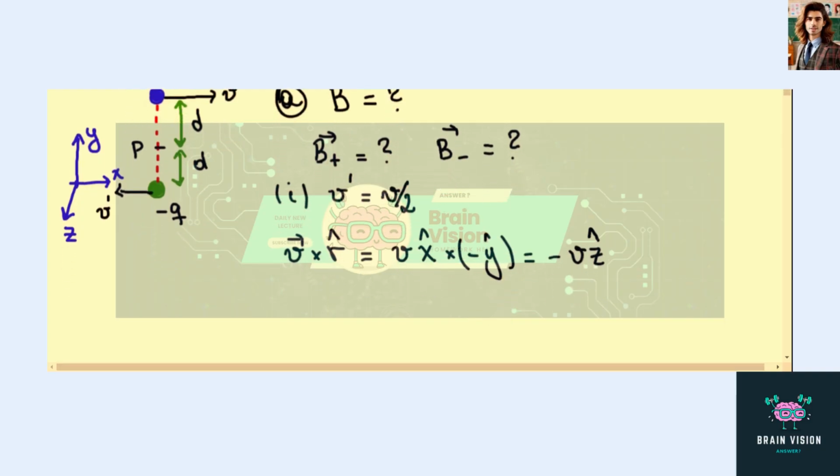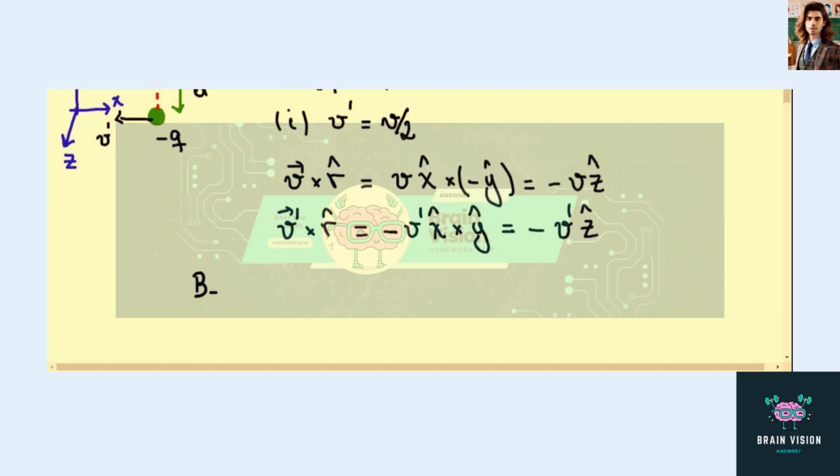I'm also going to calculate v prime cross r. So v prime is minus v prime x, while the unit vector that connects the negative charge to point P is y. So this is minus v prime z as well.